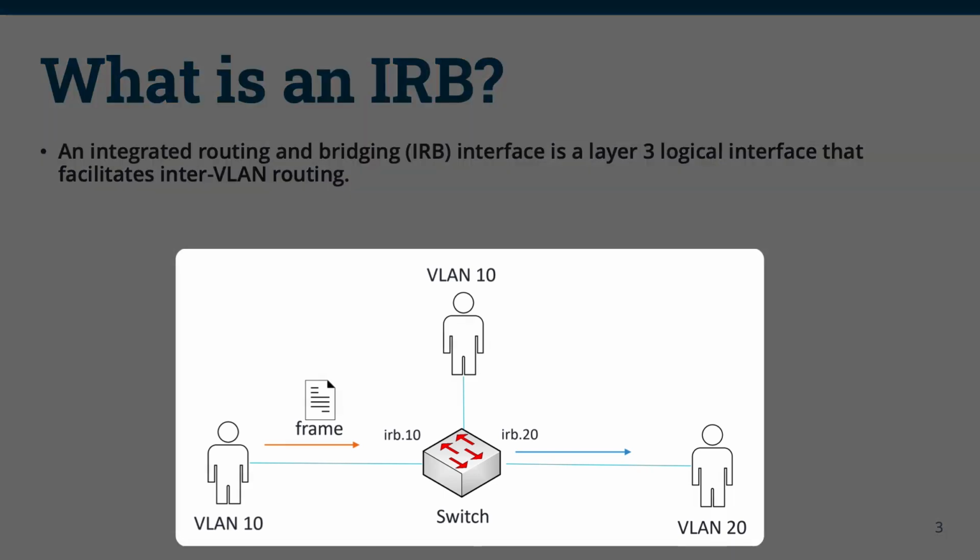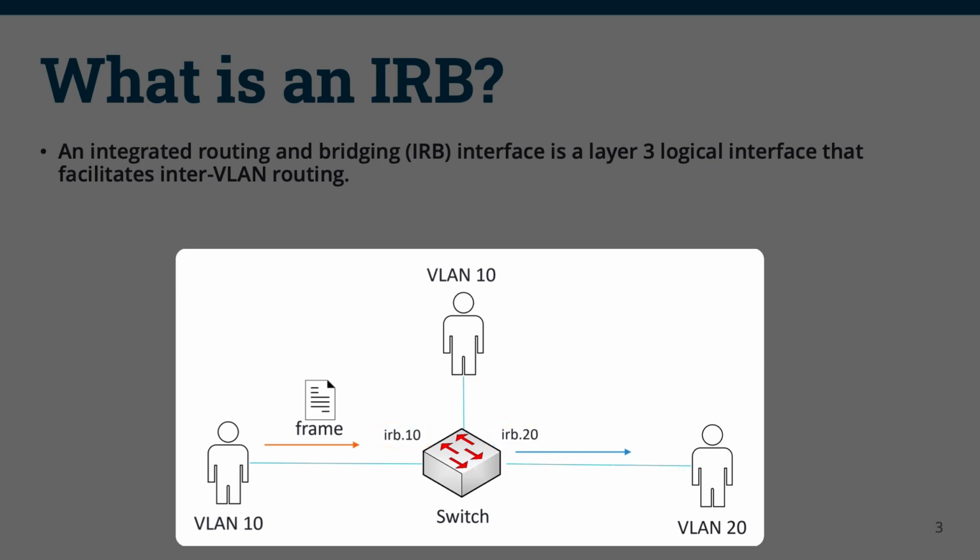In this illustration, the switch receives a frame on VLAN 10, which is destined for an IP reachable on VLAN 20. The switch has an IRB interface configured both in VLAN 10 and VLAN 20. Because of this, the switch is able to route the packet between the broadcast domains and forward it to its destination.